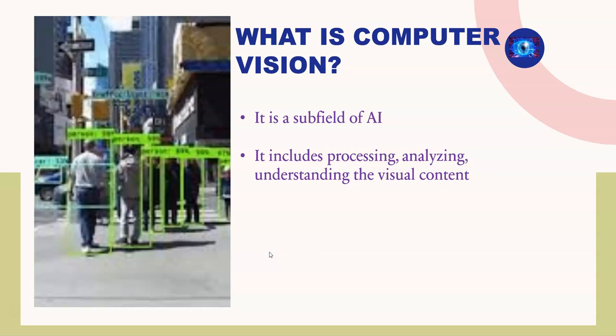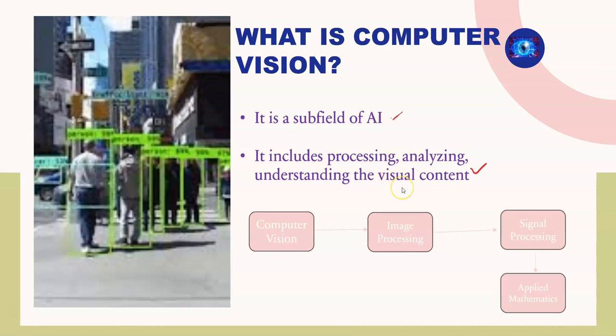What is computer vision? It is basically a visual. Now, what happens? It first processes the image, then it analyzes the image, and then it understands the image. How is this happening? The first step is image processing. There is an array or matrix of the image which is pre-processed, and then this pre-processed image is sent to signal processing.